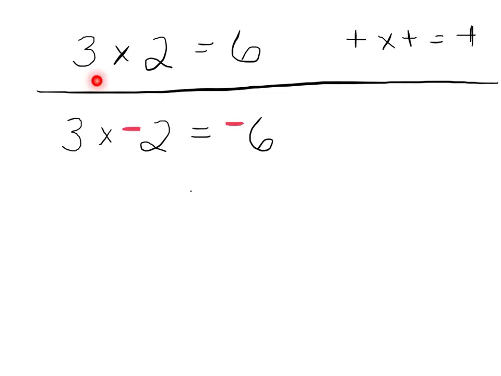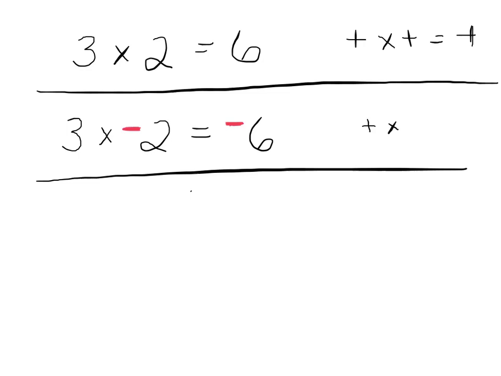So when I say 3 times 2 is equal to positive 6, I can have the same 3, the same 2, get 6, but since it's times the opposite, I have to add that negative sign there. So what this tells us is that a positive times a negative would equal a negative number. Once again, it operates just like you're used to with multiplication, it's just the sign that changes.